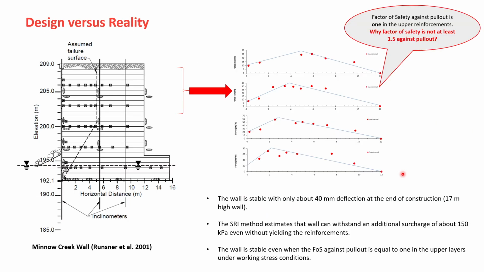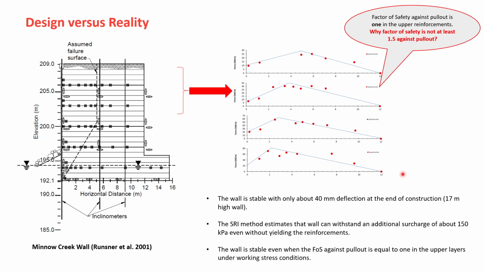But let's look at this wall. This is a wall from Illinois called Minnow Creek Wall, designed based on AASHTO. And a very stable wall, by the way. It's a 17-meter high wall, and once it was constructed, it deflected only by 40 millimeters. So it means that it's a very stable one.